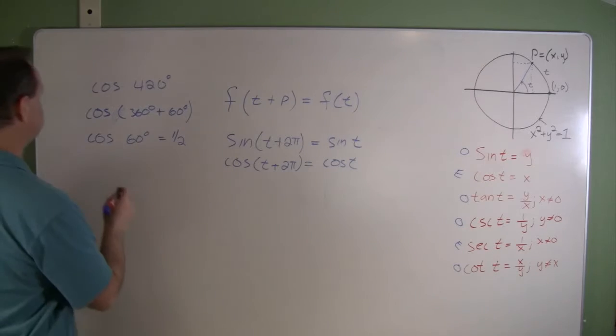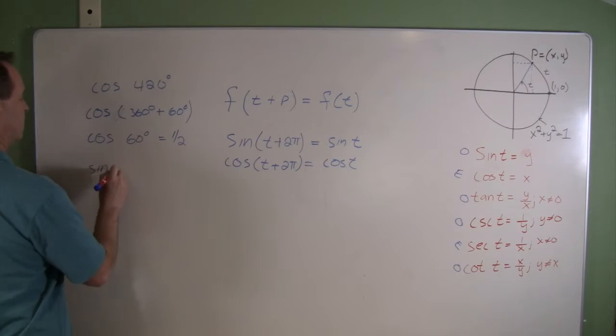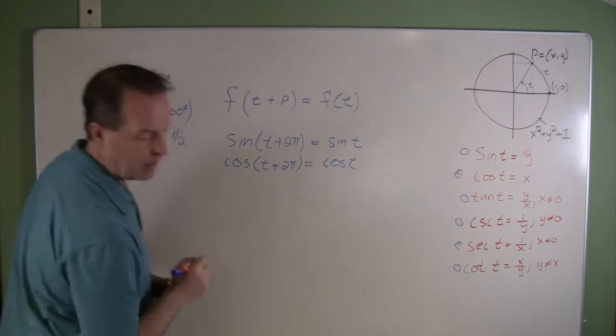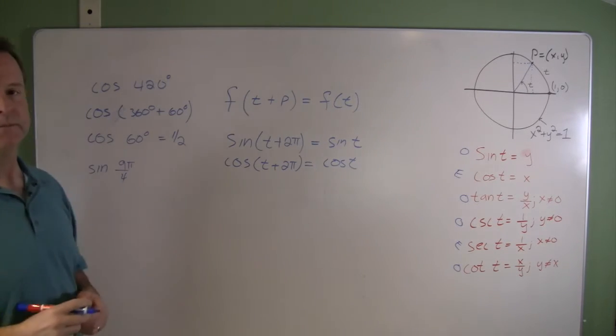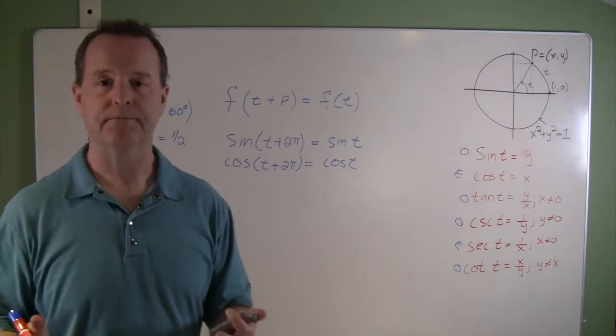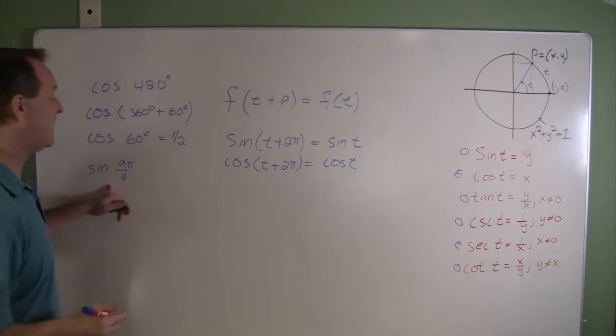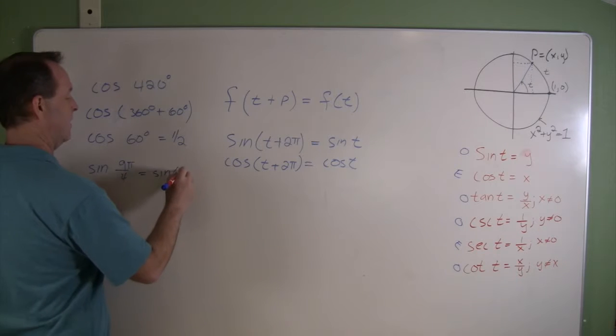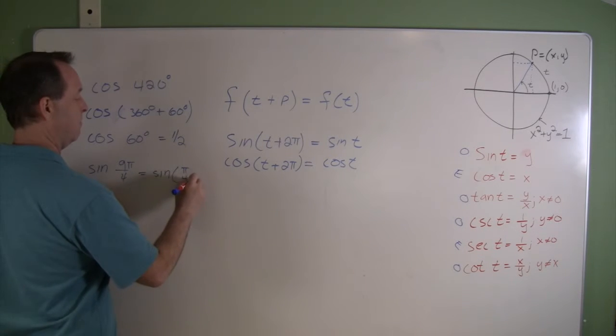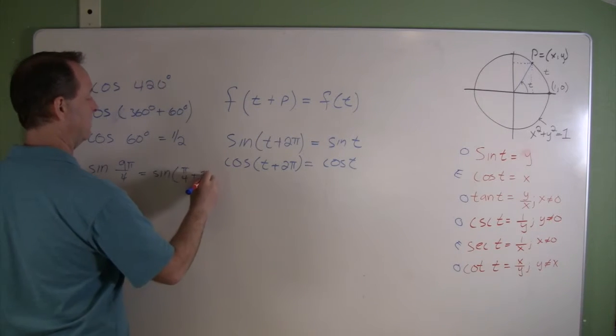Another example: the sine of 9 pi over 4. That's a periodic function. With that, I can see that it's the same thing as the sine of pi over 4 plus 2 pi.